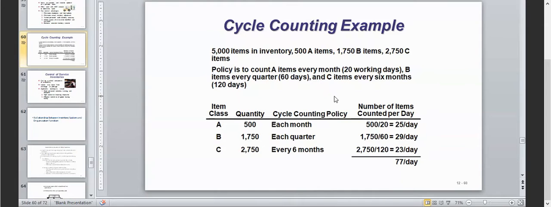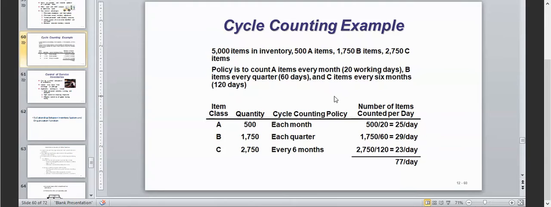So we will count each quarter. So each quarter have 60 days. So 1,750 divided by 60 days equal to 29 unit per day. And the class C item, we have 23 items need to be counted every day. So the total of item to be count, which include class A, B, and C, 77 items per day.